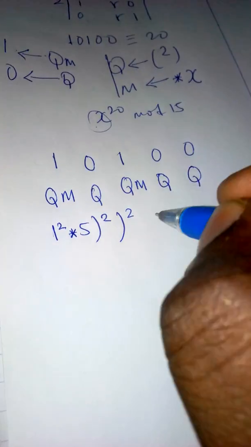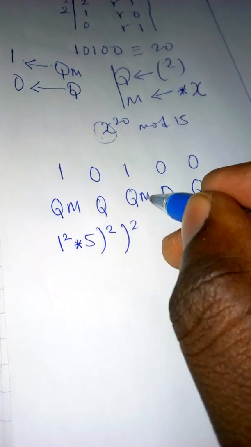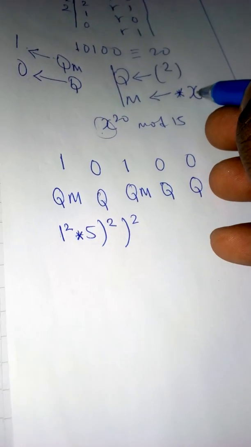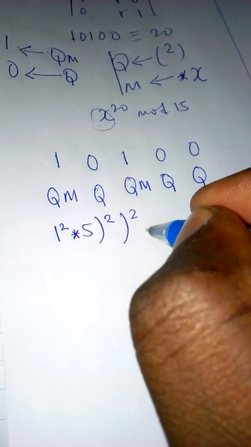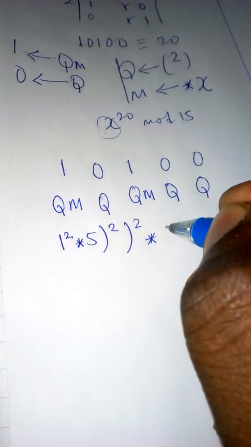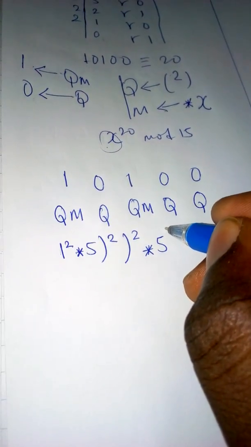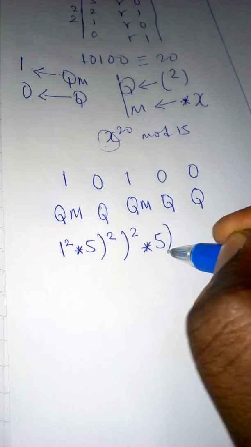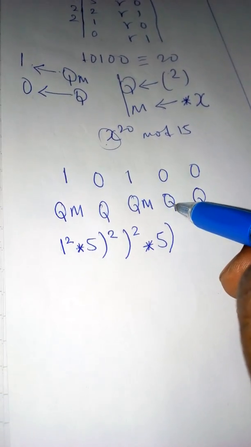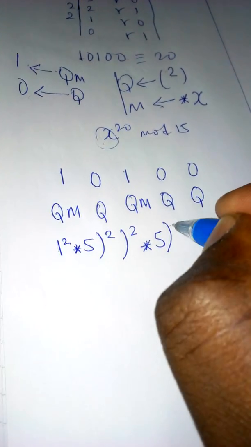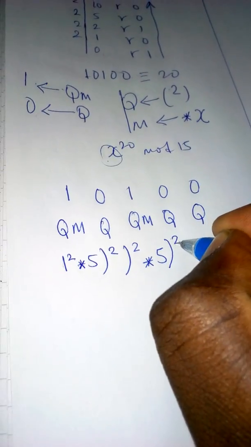We put it here, so we have M. M is star 5, so we put star 5 here. We close the bracket, and because we have a Q in front of it, we put square here.